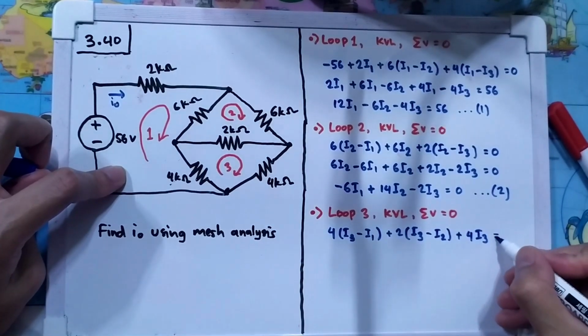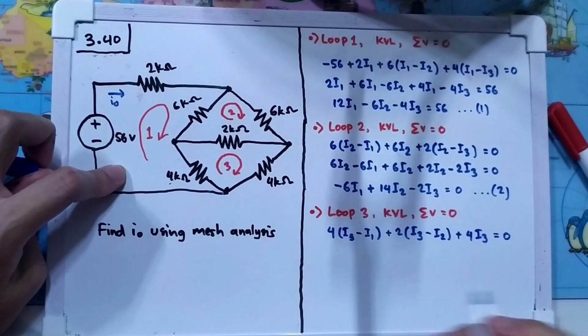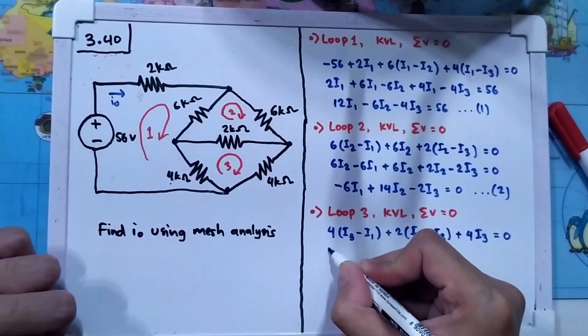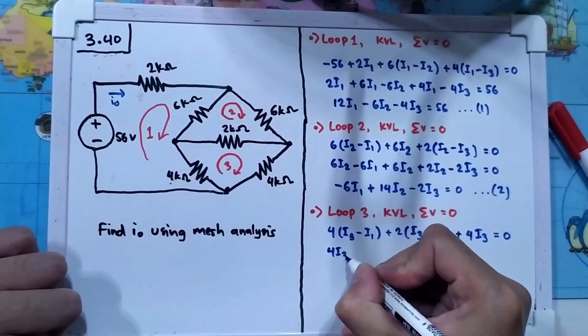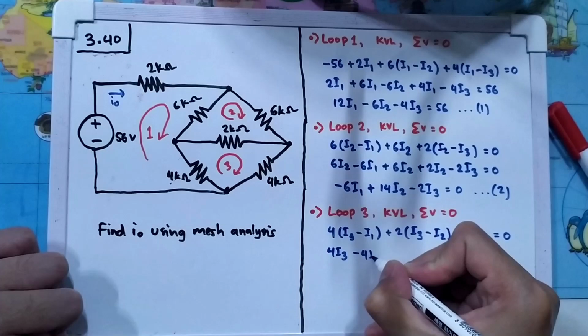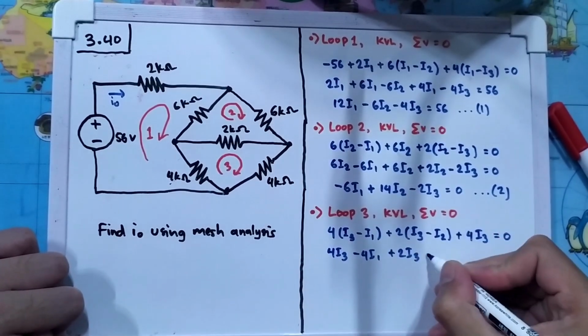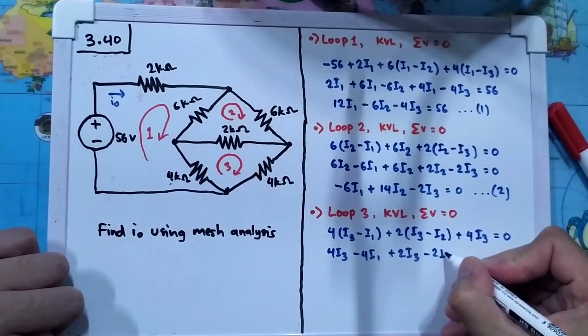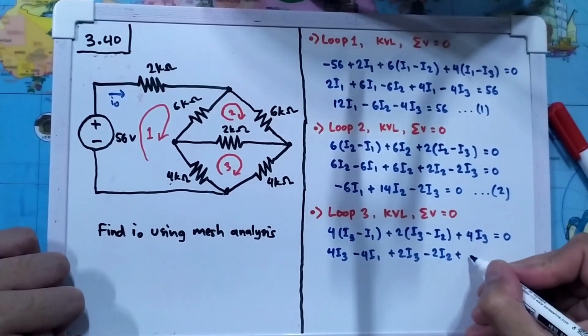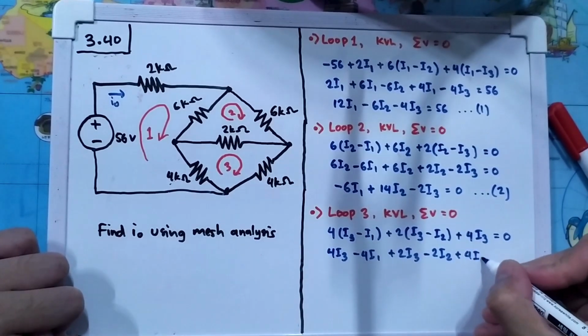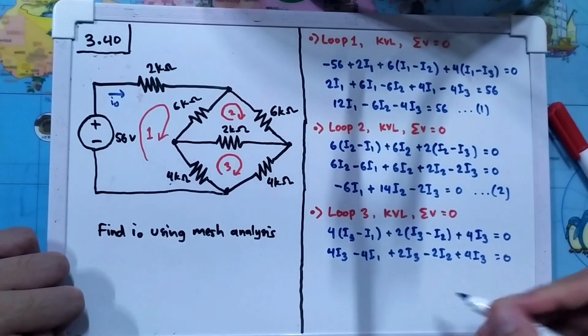So that will equal to 0, and let's multiply this to open the brackets. Minus 4I1 plus 2I3 minus 2I2 plus 4I3, and that will equal to 0.